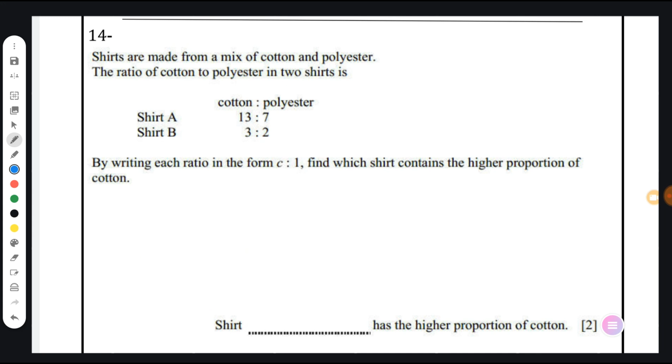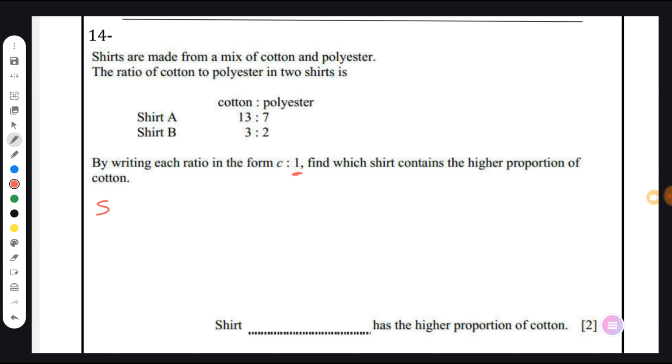By writing each ratio in the form C:1, find which shirt contains the higher proportion of cotton. Which one has the higher proportion of cotton? He wants the second term to be 1. Take care about it.